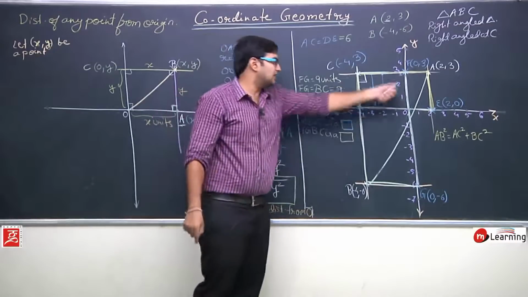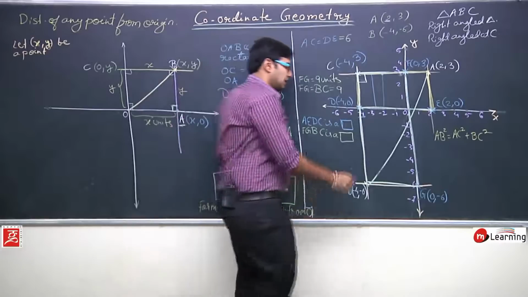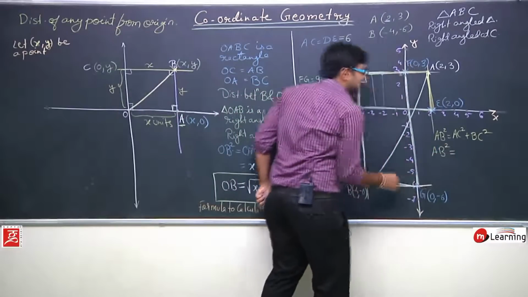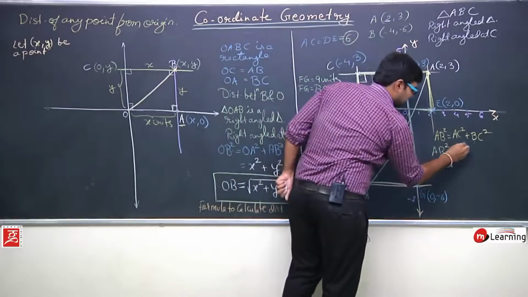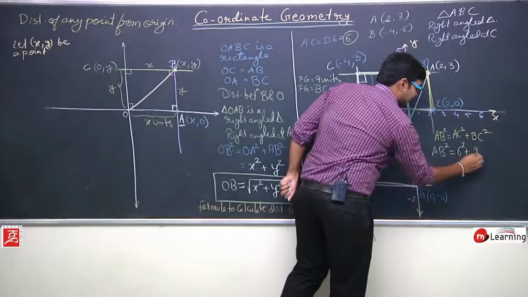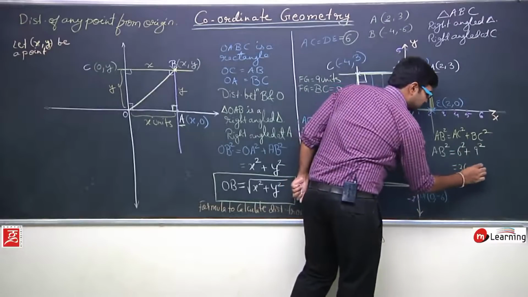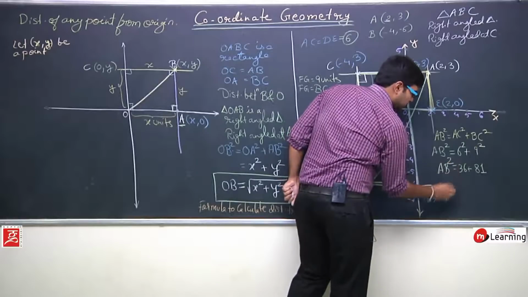Now we can very easily calculate the length of AB. AB square is equals to AC square plus BC square. AC is what we have calculated as 6 units, so this is 6 square plus BC, BC is 9 units, so this is 9 square. So 6 square is 36 and 9 square is 81. This is equals to AB square.